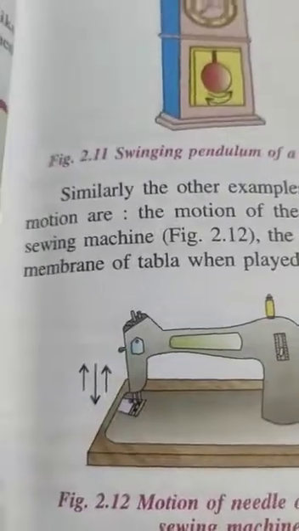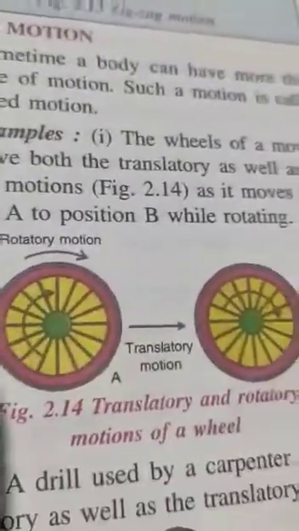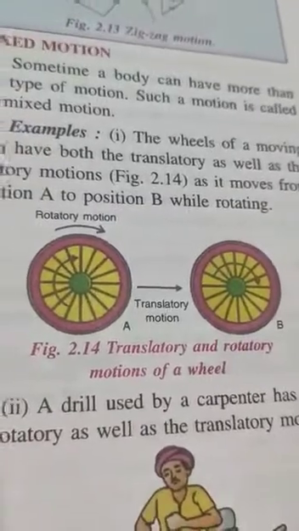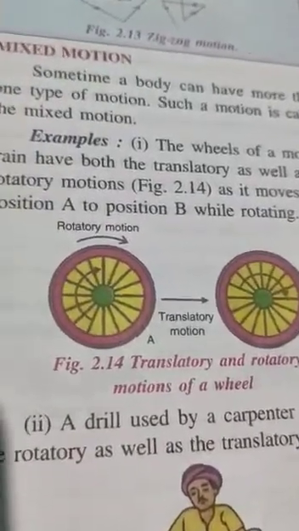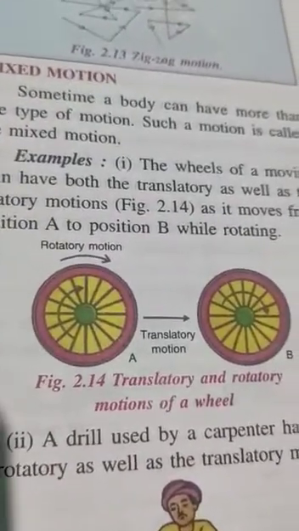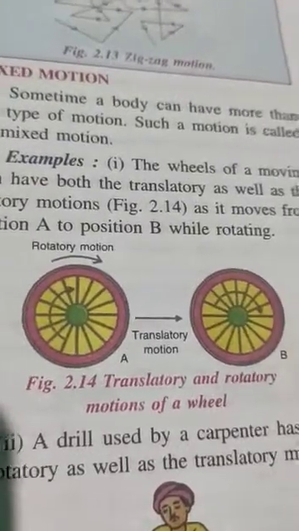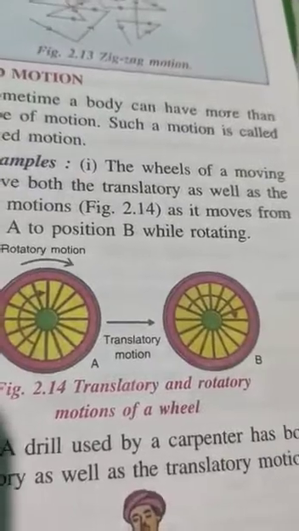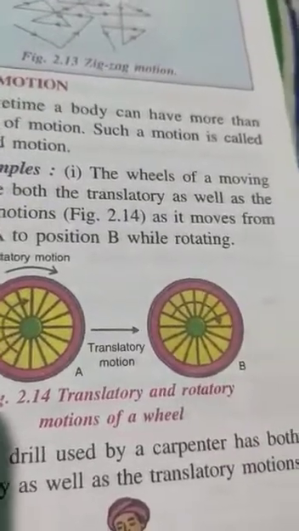So you can see this example: translatory and rotatory motion of a wheel at the same time. The earth keeps on rotating on its axis as well as revolves around the sun in a curved path in a fixed interval of time.